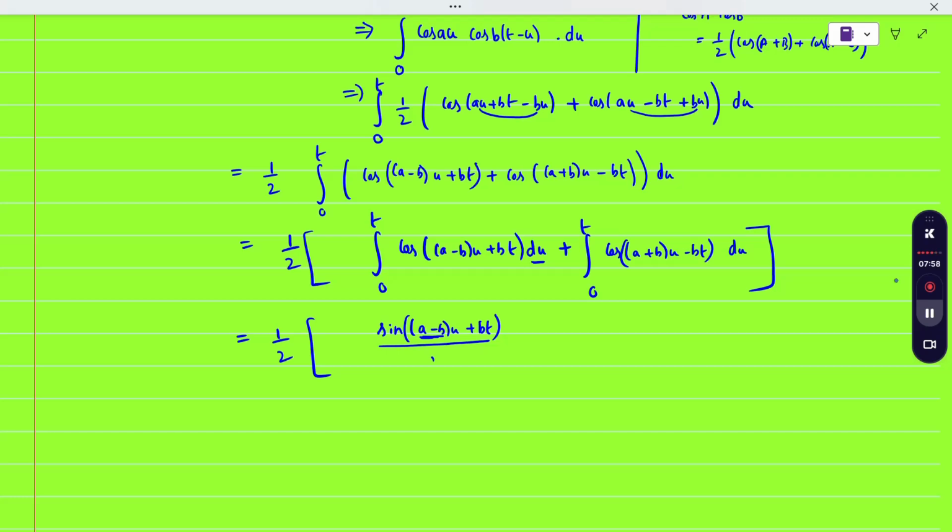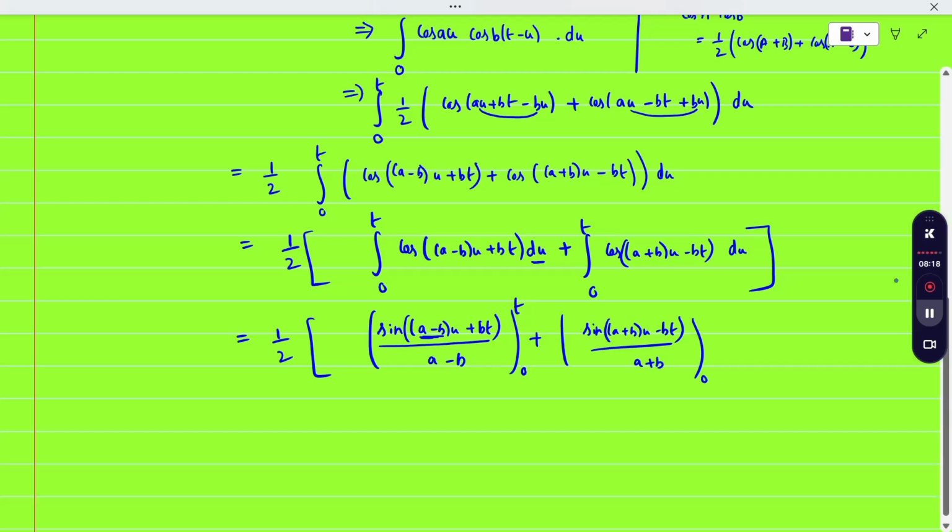So the corresponding constant is a minus b, and the limit is 0 to t. Same for this: sine of (a plus b)u minus bt divided by the corresponding constant a plus b, limit 0 to t. Okay, integration is completed.